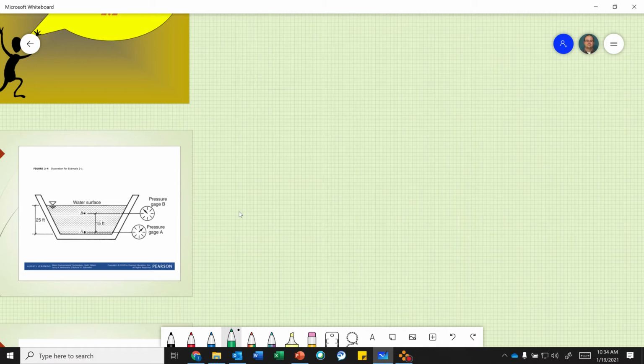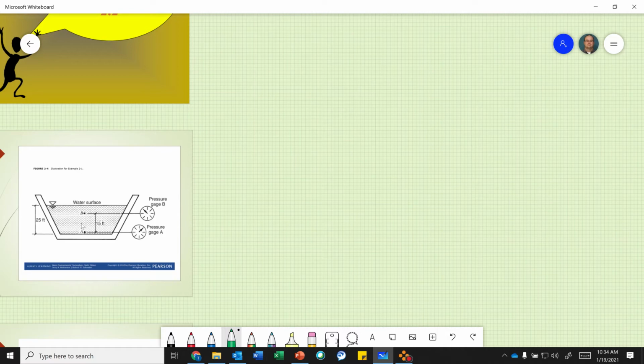I'll read the problem to you. The tank shown in figure 2.4, which is what I'm showing you right there, has a total depth of 25 feet of water in it. What pressure would be recorded on gauge A at the bottom of the tank? What pressure would gauge B at the height of 15 feet from the bottom indicate?